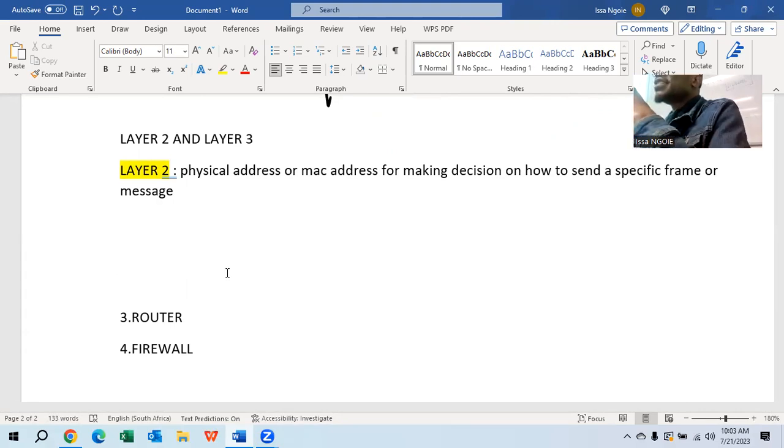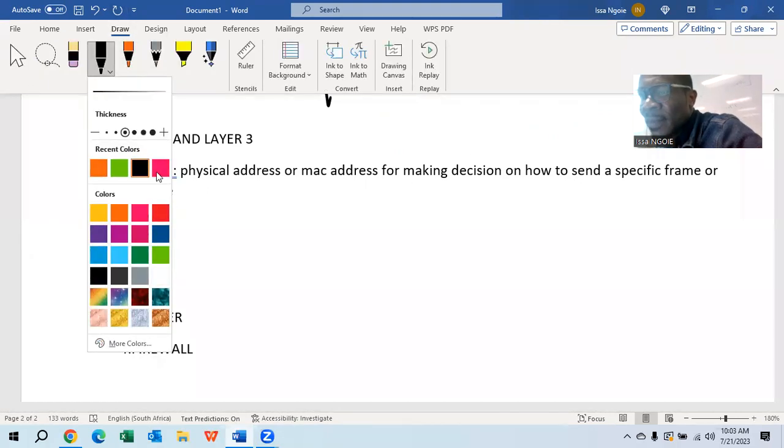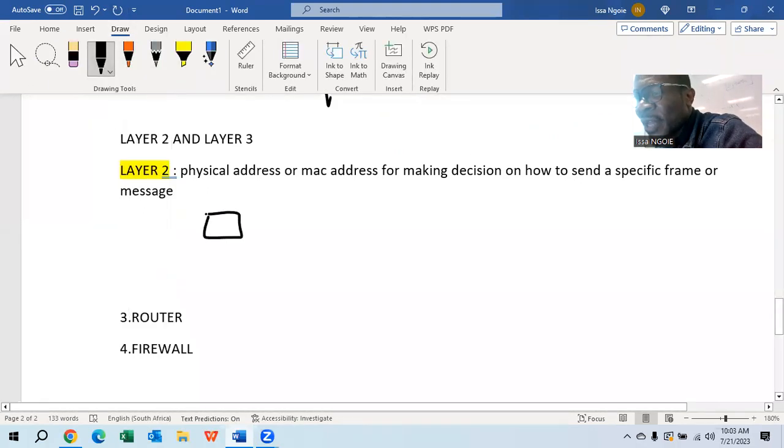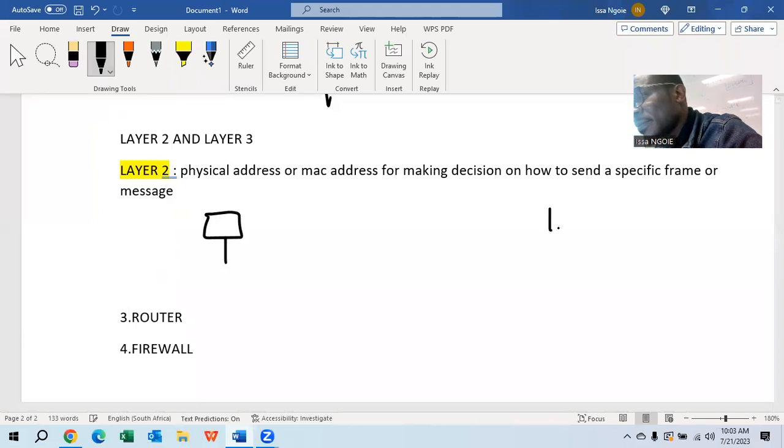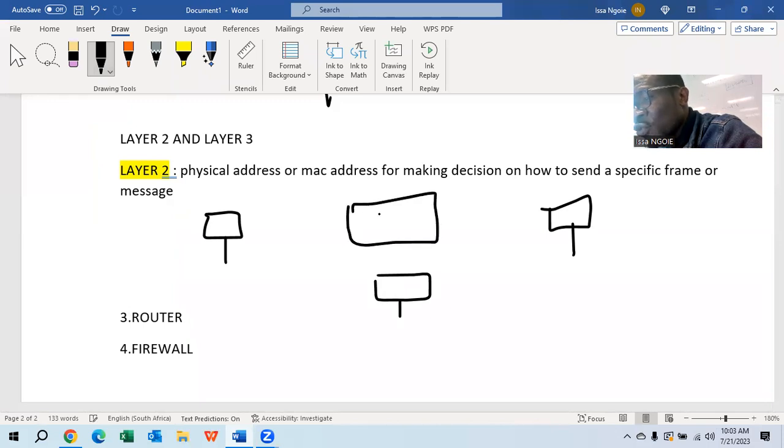So that switch will have a database. That database will keep what? All your MAC addresses, right? So it's going to be like this. We have the computers here. Those are the computers. They are connected to this layer 2, the L2 here, right?